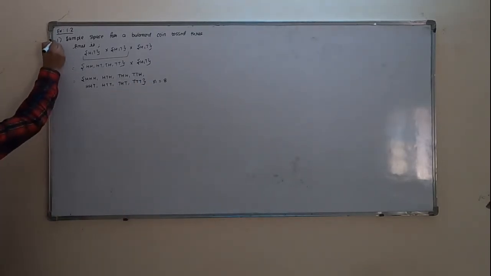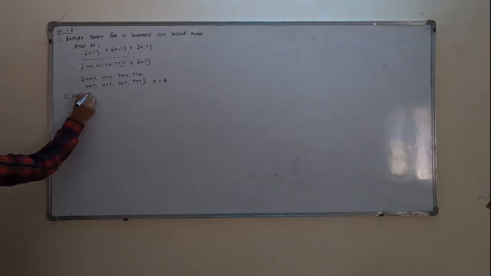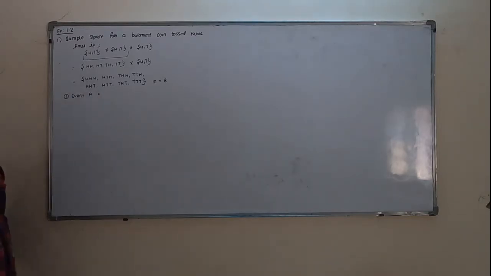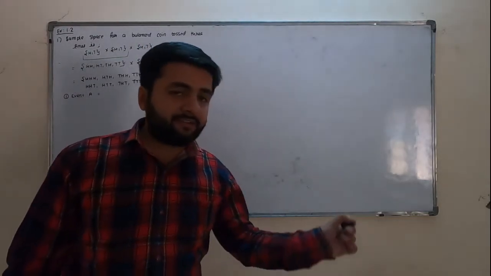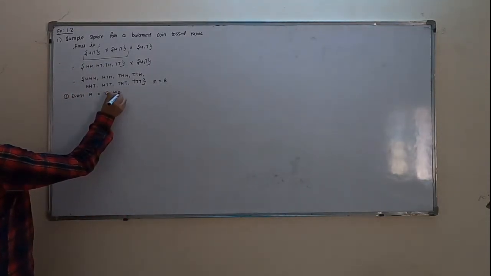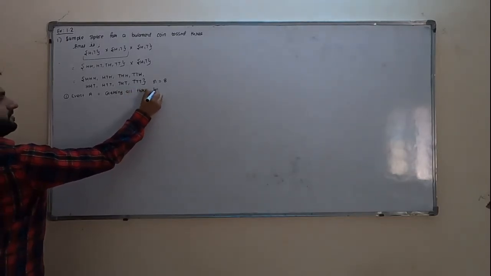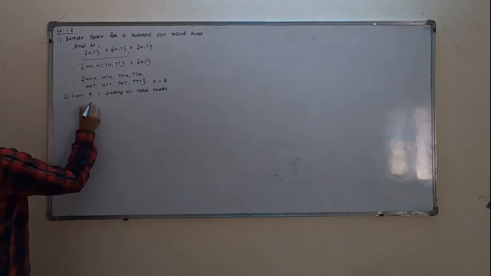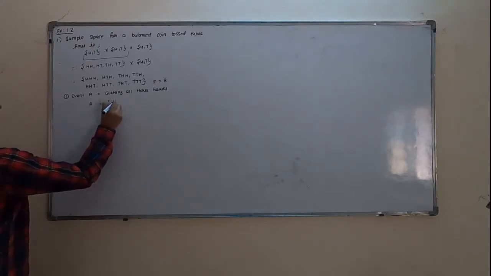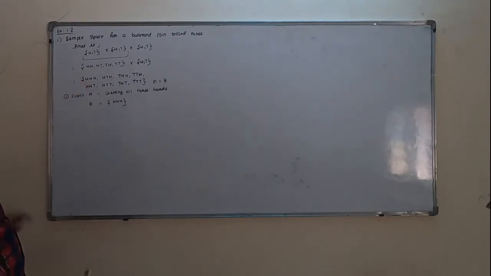Now in that, this is question number 1. Now again number 1 is the event. Event A is getting all 3 heads. So the elements of set A will be only a single element. There is only one element with all the heads.